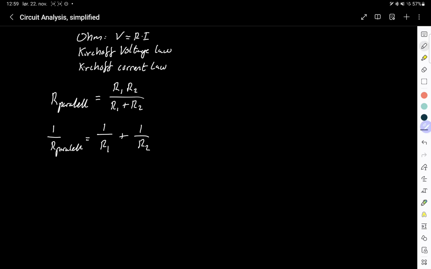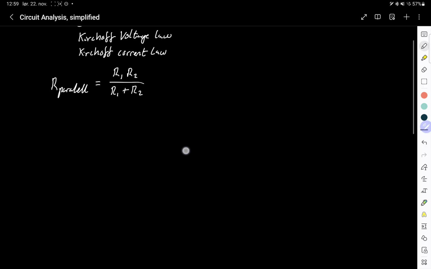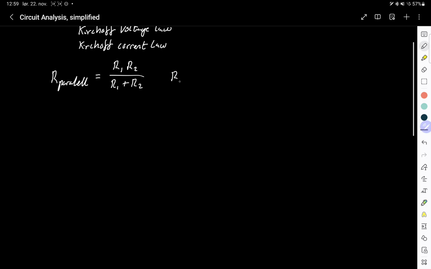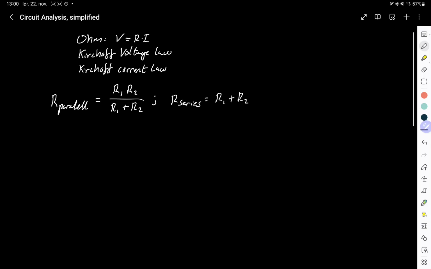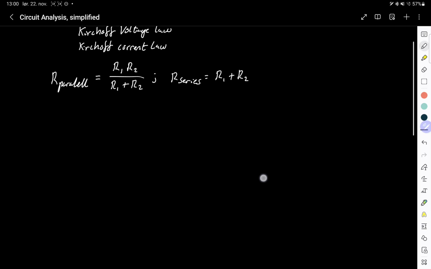Multiplying by R1 and R2. You'll then get R1 R2 on this side, and then you'll divide by R1 plus R2. So you'll be left with this identity, and you can derive it in about 3 lines. And as you know, R series equals R1 plus R2. So you just add them together. So this is what we're going to be using today.